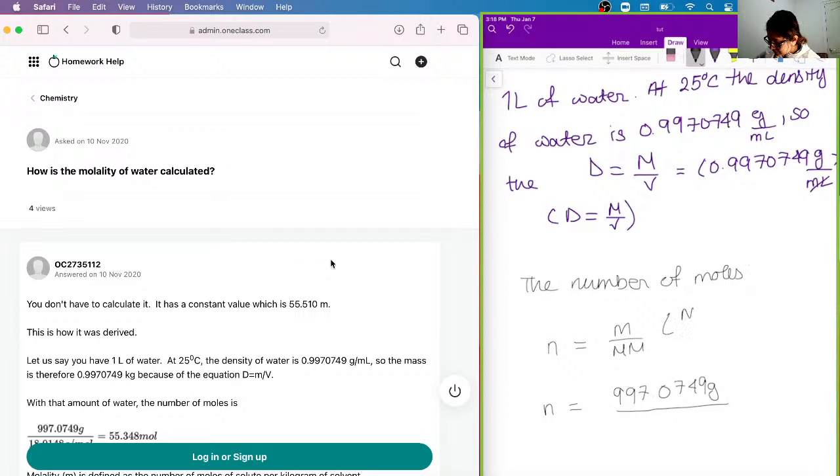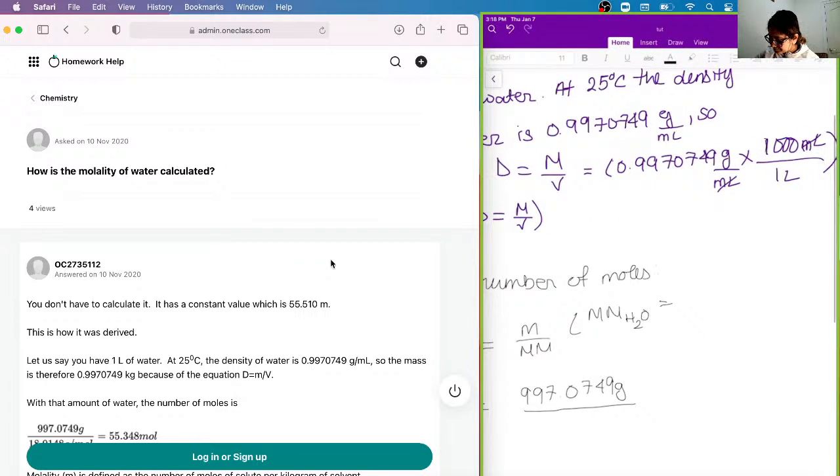The molar mass of H2O is the molar mass of 2 hydrogen atoms plus the molar mass of oxygen. This is given in the periodic table, and this is around 18.0148 grams per mole.